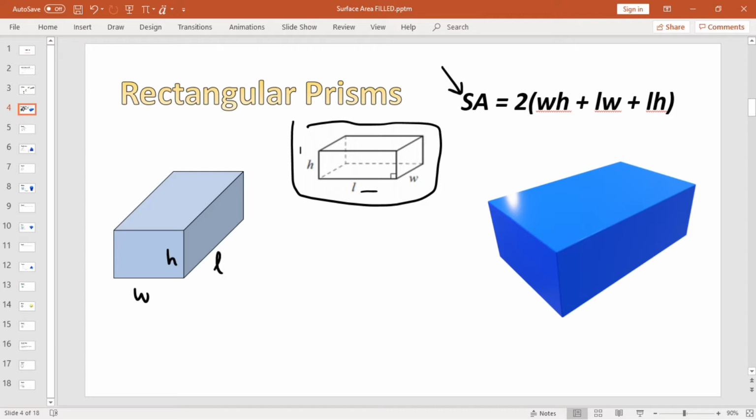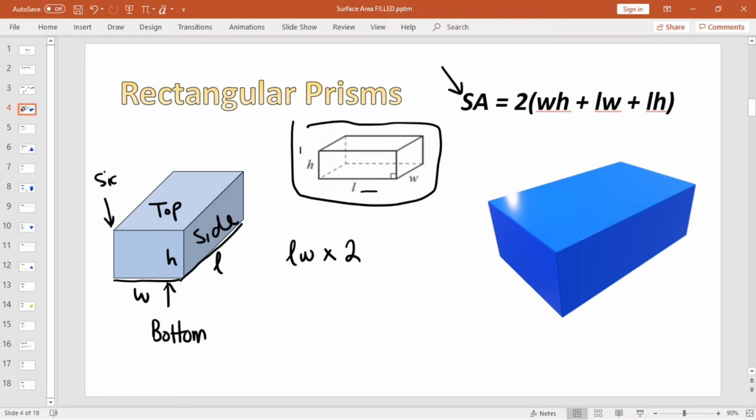So what have we got going on here? We have a box, and a box comes with a top and a bottom that we can't see. And they have the same dimensions, and looking at my picture right now, a top and a bottom is going to be L times W. And we need two of them, one for each. And we have a side that we see here, and we have another side that we can't see. And what are the dimensions of that?